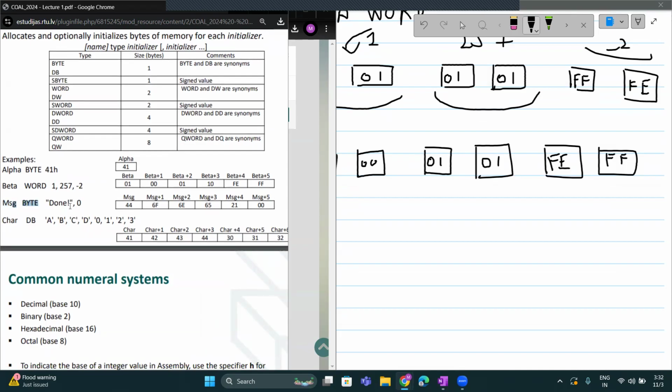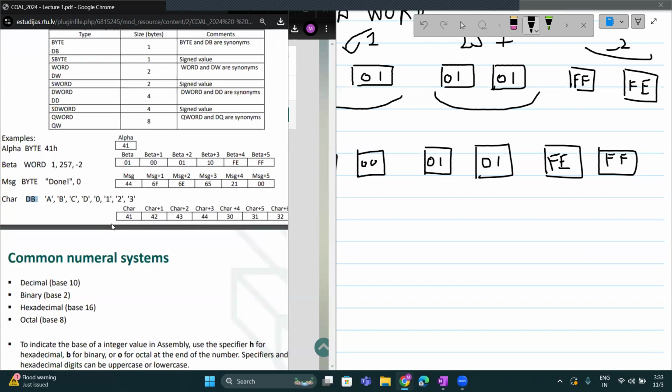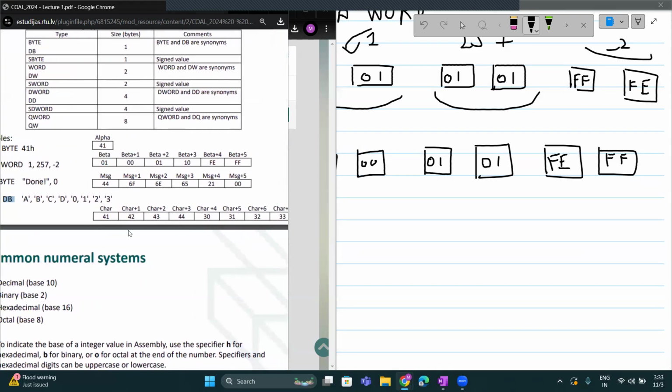So byte, each character is in a byte, and the final byte is 00. And character, double word. So these are also represented character by character.